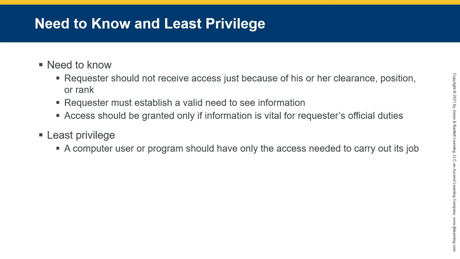With least privilege, a computer user or program should have only the access needed to carry out its job. And like I've been saying, you can't just go up to IT and say, I need access to this. You need to have sign-off. This is why we talked about policies and procedures last week. A big part of it is having who signs off on what, who gets to see what, and when. This is a big part of it.